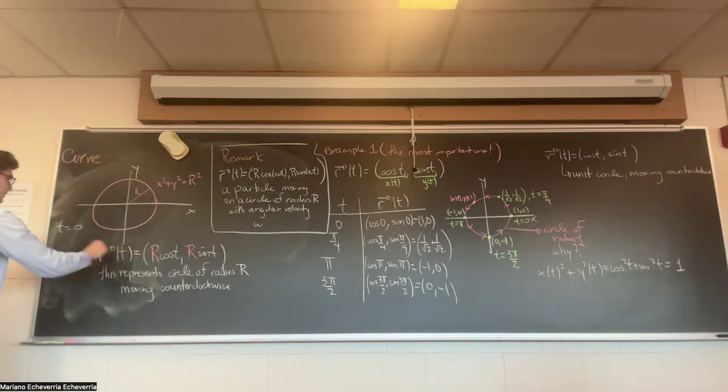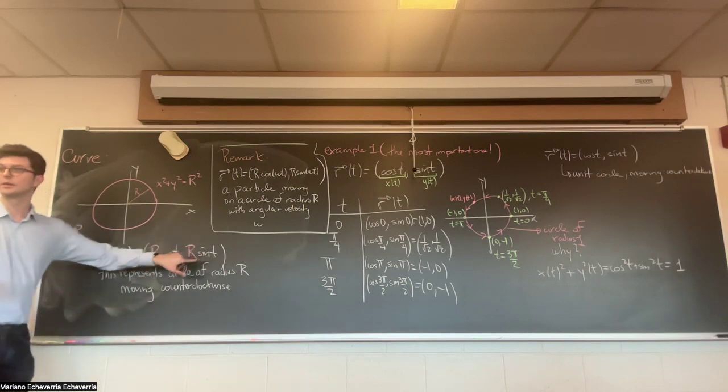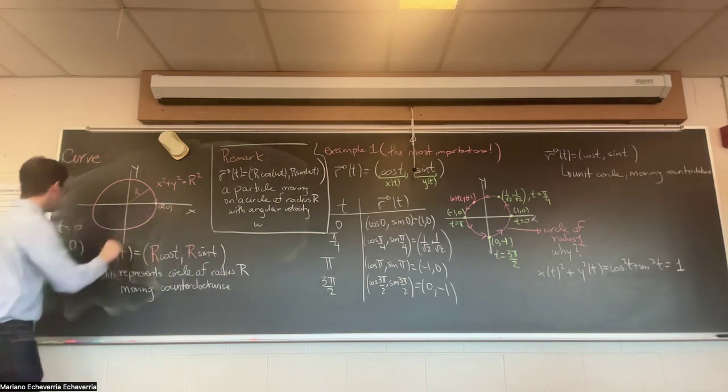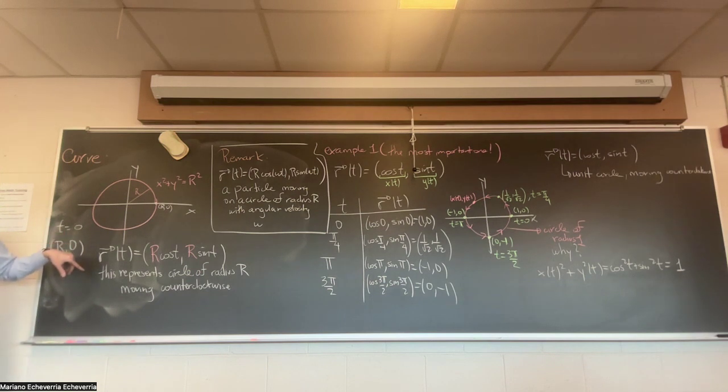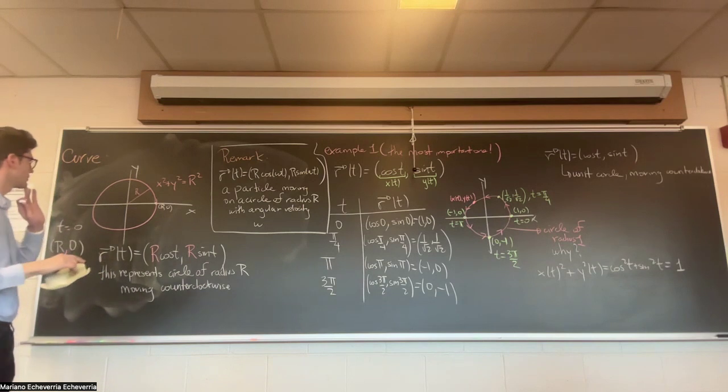This would give you r times 1 and 0, so the point r comma 0. But if you divide by r, you would get 1 over r comma 0, so it wouldn't give you radius r. Or what were you thinking? Transform it to be cosine squared t over r squared plus sine squared over r squared equals 1. Right, but the thing is, now I don't want this on the unit circle.